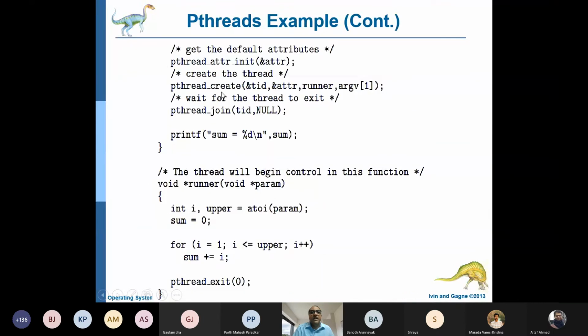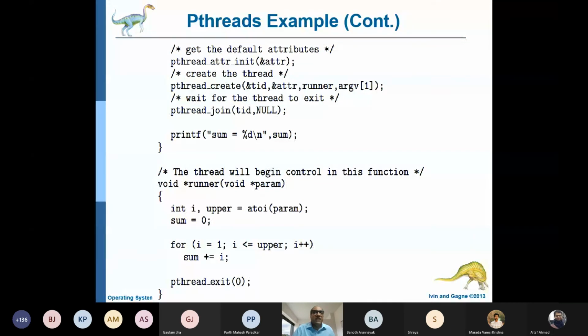So if you want to create a thread, it should have a thread ID and some thread attributes. Before creating a thread, you need to set the attributes of the thread. By using this particular function call, you can set the attributes of a thread. Suppose you want to create a particular thread; before that, we need to know the functionality of that thread, and accordingly set some attributes.